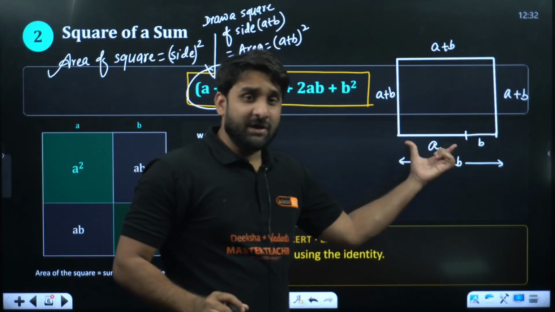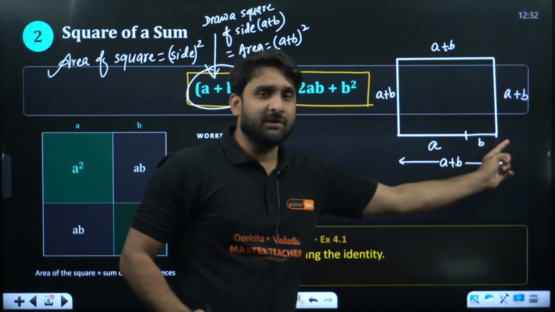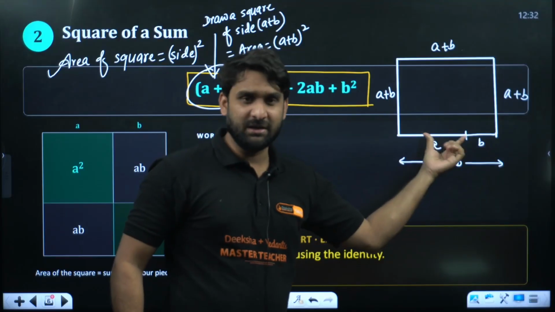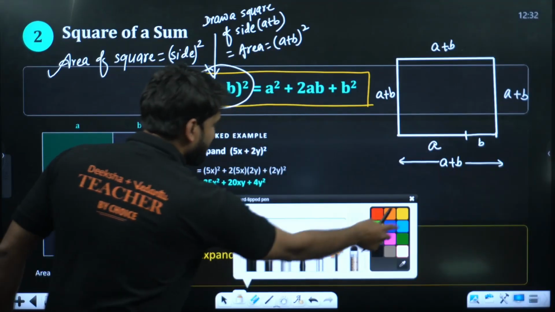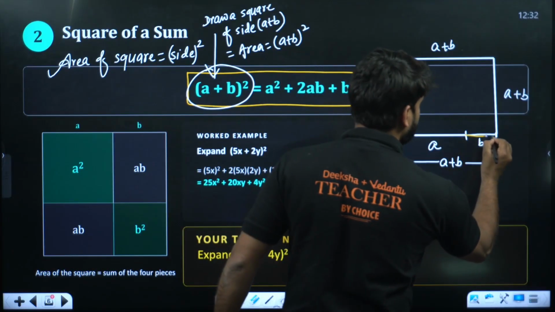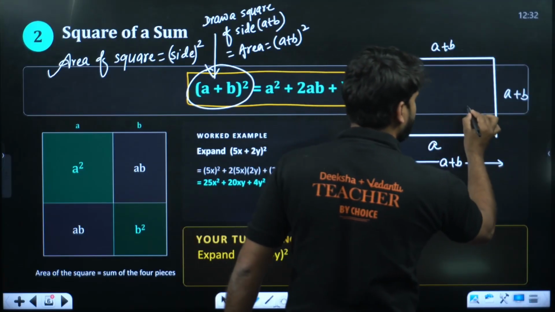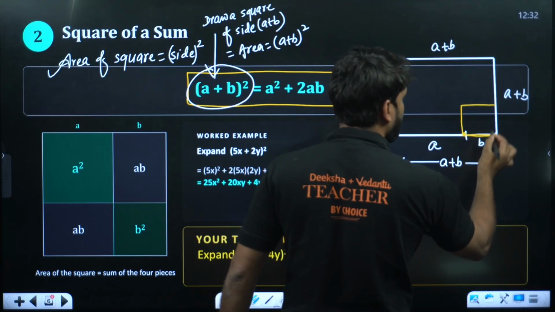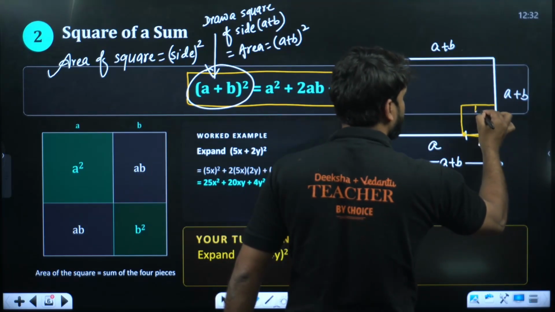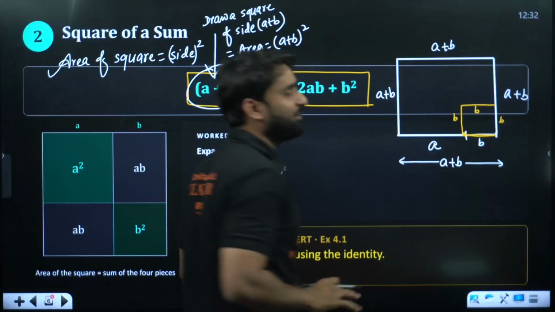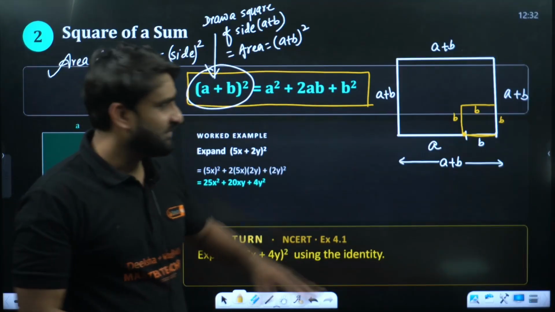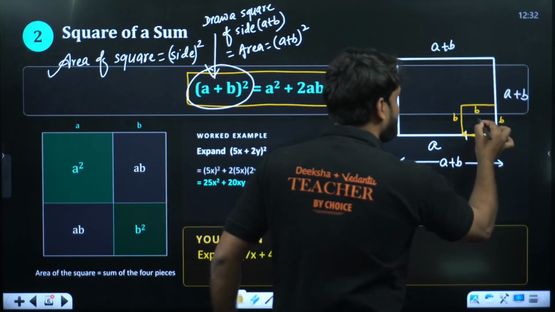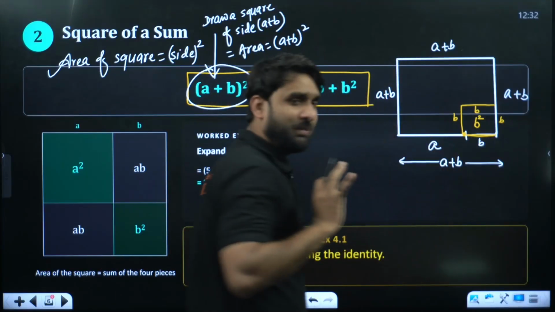This side a was produced to this point by increasing side a with b. This was the increased side. So now let's draw a square inside the bigger one of side a. This square will look like this. Can you see here? This is b, and this is b. I hope this is clear to you all. So this small square is of side b, so the area of this square will be b².